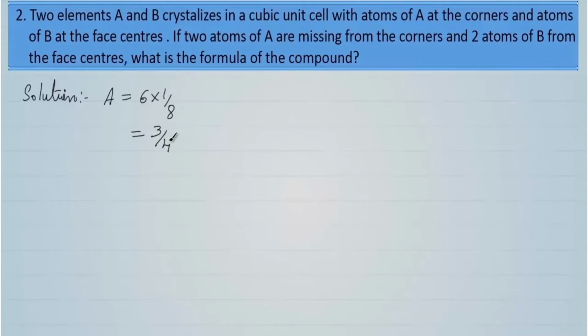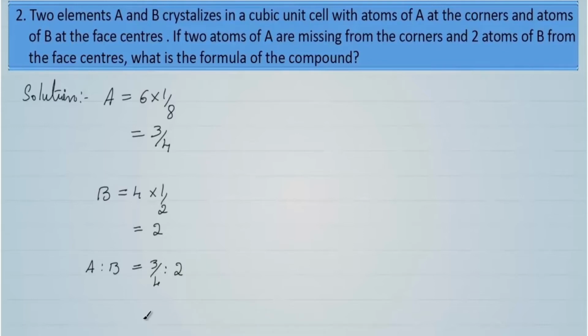Similarly, there are 6 faces in the unit cell. Each face consists of an atom of B and 2 faces are missing. B is equal to 4 into 1 by 2, which is equal to 2. Now, A ratio B is equal to 3 by 4 ratio 2.